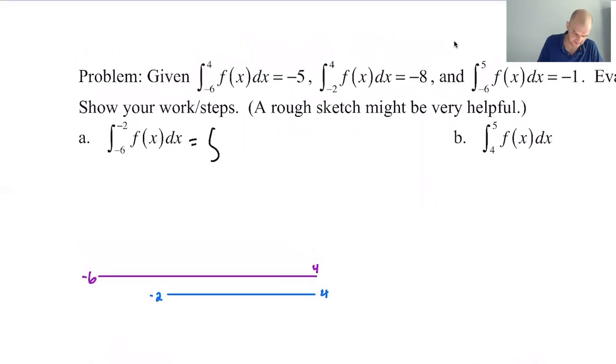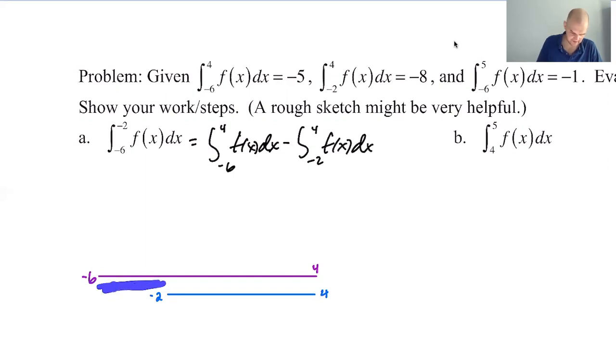This should be the integral from -6 to 4 of f of x dx minus the integral from -2 to 4 of f of x dx. That leaves me with -6 to -2, which is what I wanted. So that's the value of -6 to 4, which is -5, minus the value of -2 to 4, which is -8, overall 3. That's how I do it.